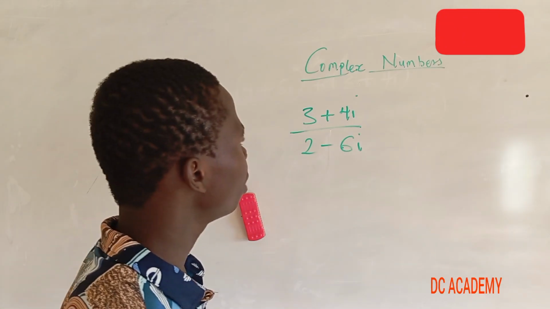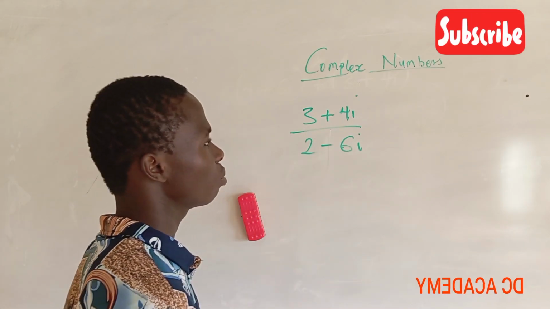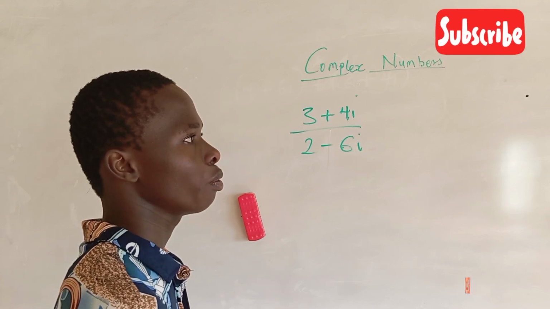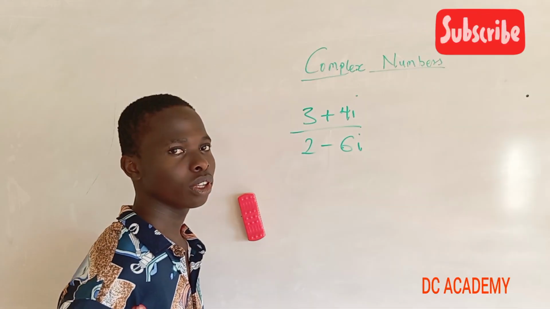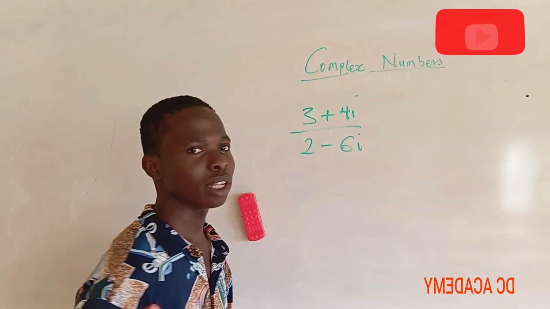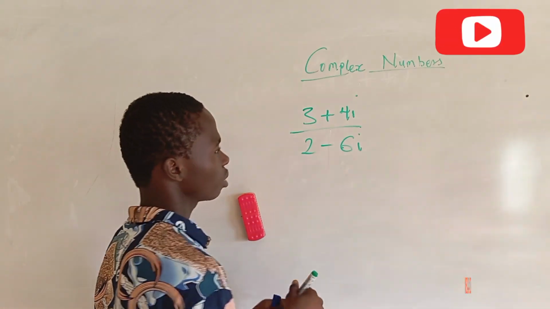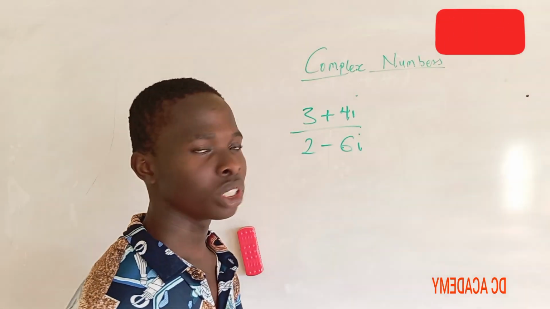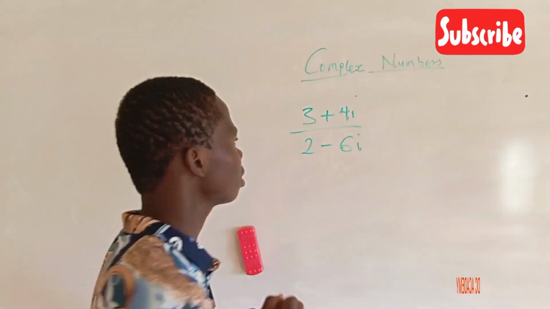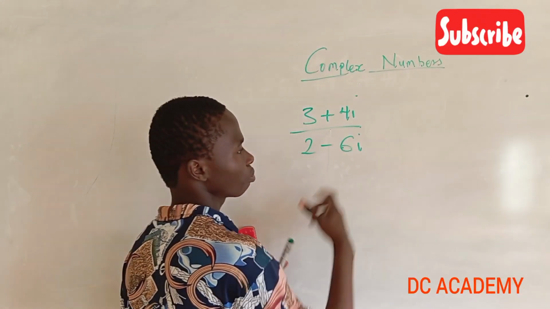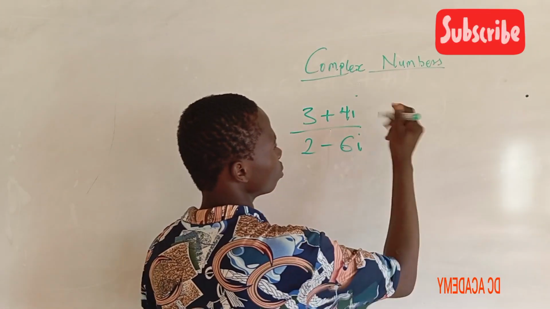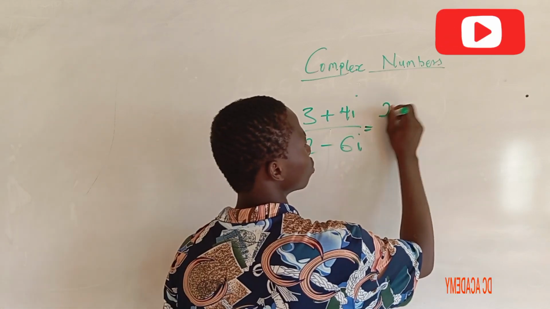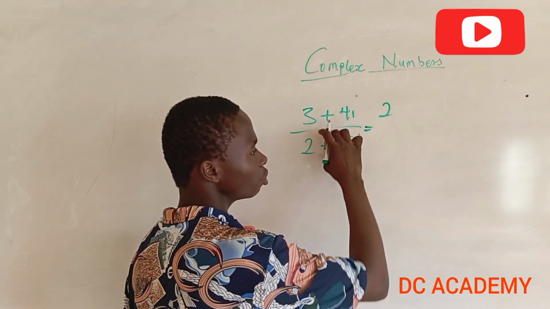For those that are conversant with surds, maybe I will look into that in my next video. But for now, questions like this, you have to work with the conjugate. Conjugate means this denominator, we'll take it out, to be 2, and then we'll change the sign.